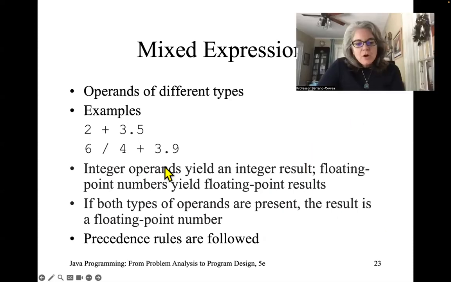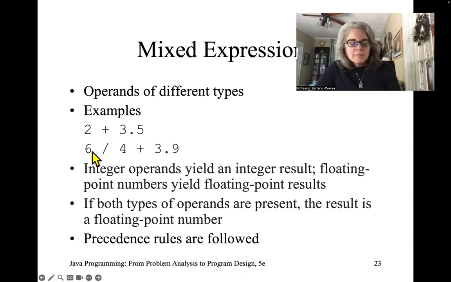It says integer operands yield an integer result. So what does that mean? In this example, we have 6 divided by 4.